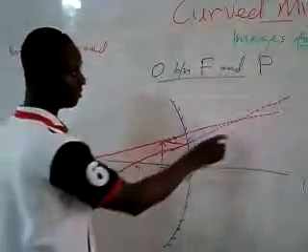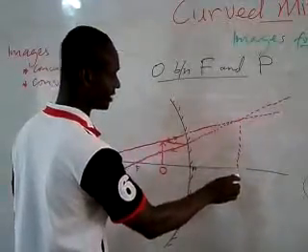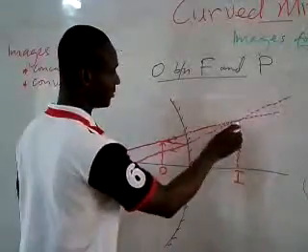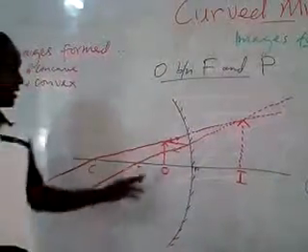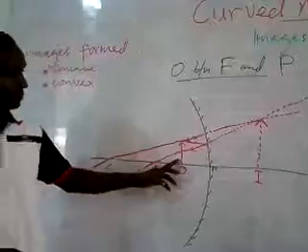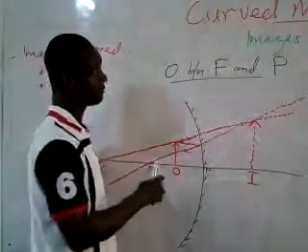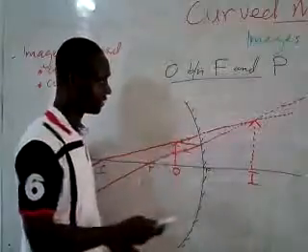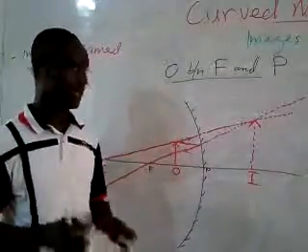And for this one, we are going to have a virtual image formed at the other side of the mirror. And the image will be upright, larger than the object. The image formed will be virtual, larger than the object, and it is always upright.